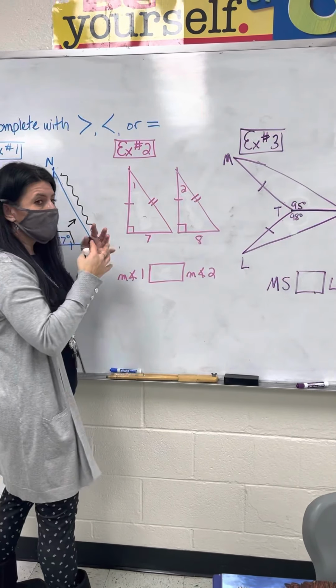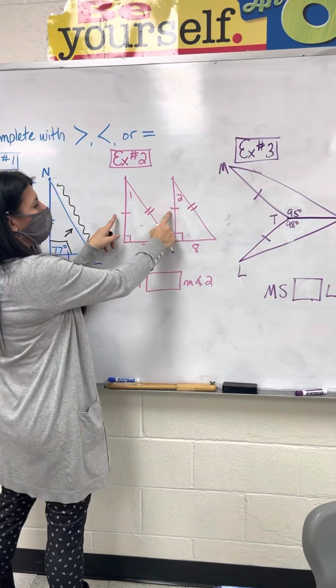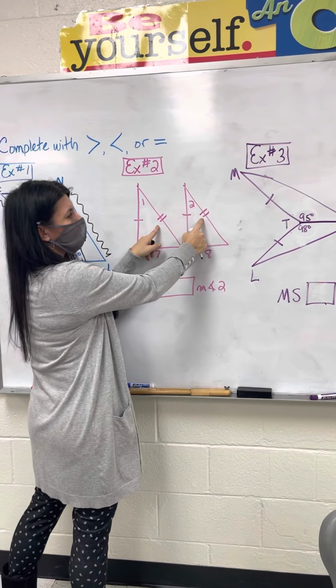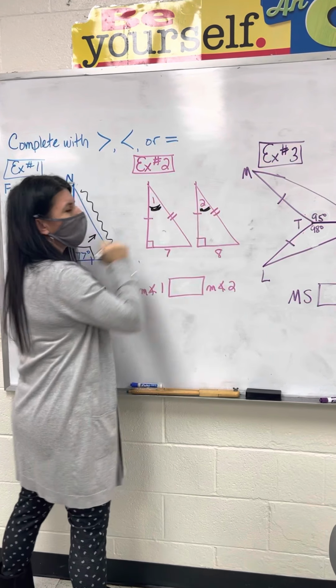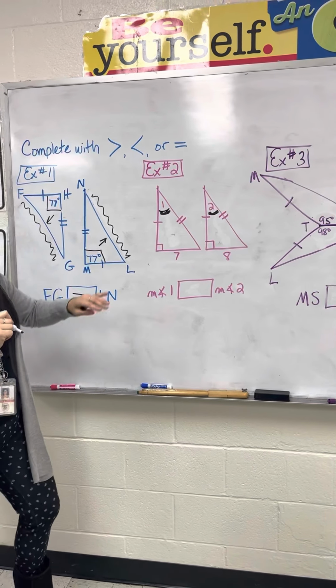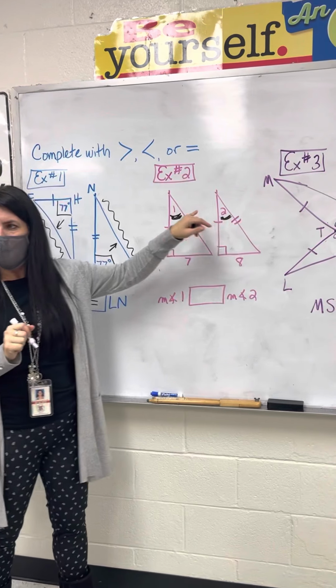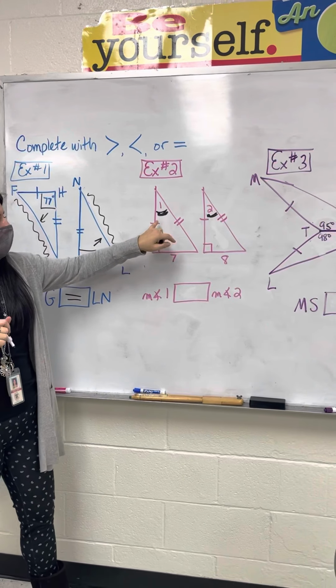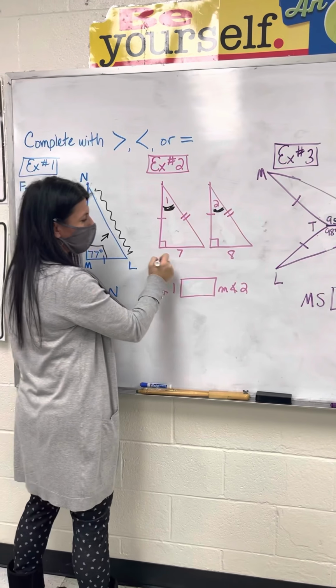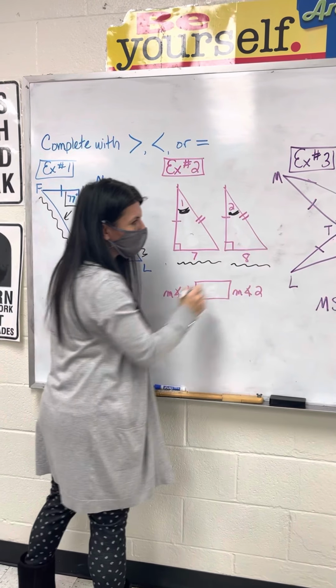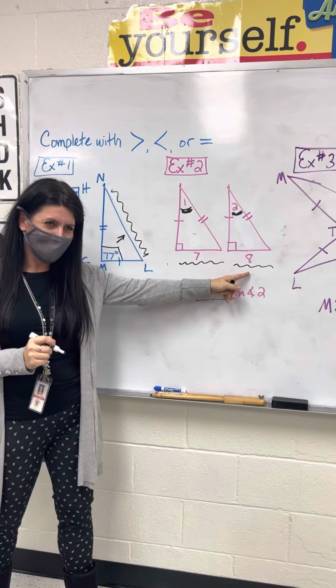So I'm looking to see if I can use my hinge theorem. I have a congruent side, congruent side. These angles right here are the included angles that I need to pay attention to. These are names. That's not 1 degrees and 2 degrees. So these are names, and that's what we're comparing. So I'm going to look at the third side. Here's my third side. Which of these is bigger?